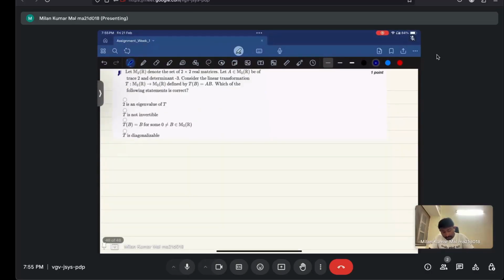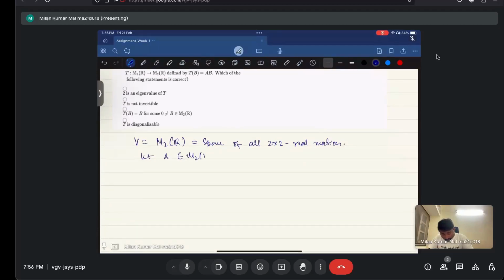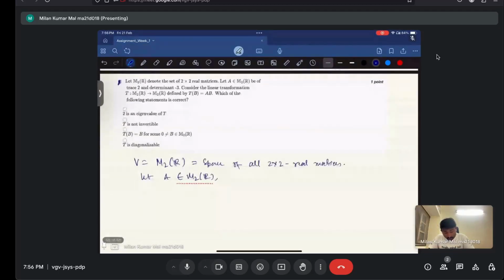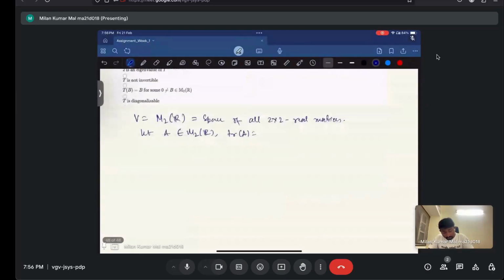So here V is the vector space taken as M2R, the space of all 2 by 2 order real matrices, and let A be a matrix in M2R for which the trace of A is equal to 2 and the determinant of A is equal to minus 3.